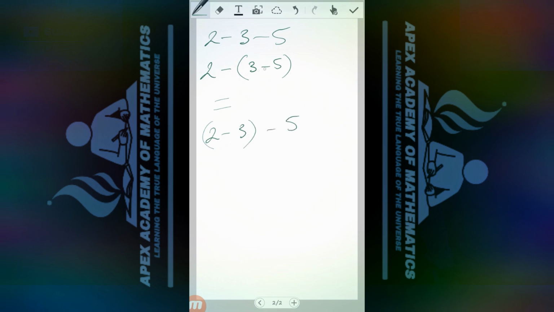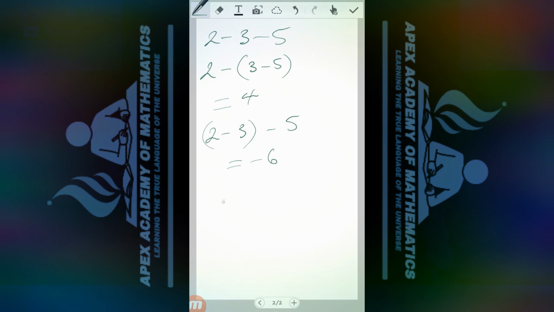The first works out to be 3 minus 5, which is -2, and 2 minus -2 gives you 4. That does not give the same result, because the second works out to be -6: 2 minus 3 is -1, and -1 minus 5 is -6. So you've got to be careful when you are grouping numbers that have straight subtraction or division.